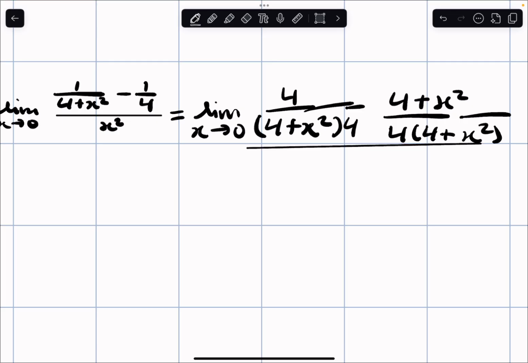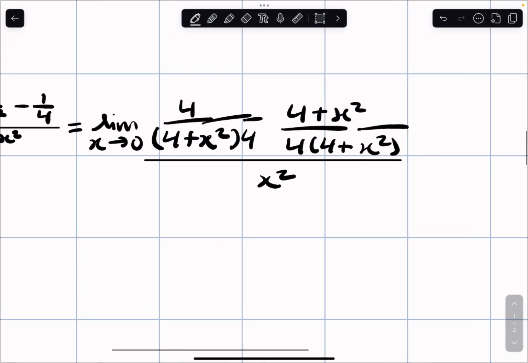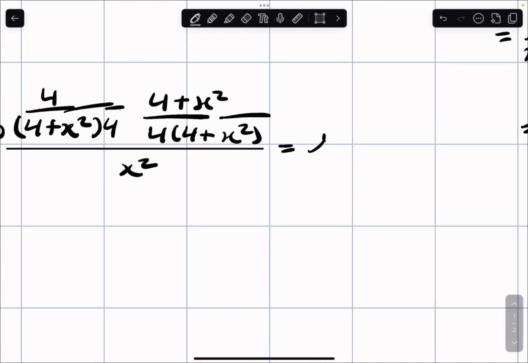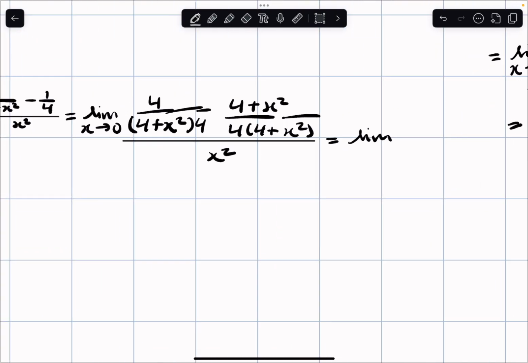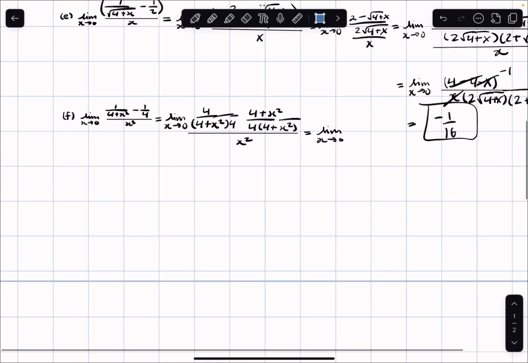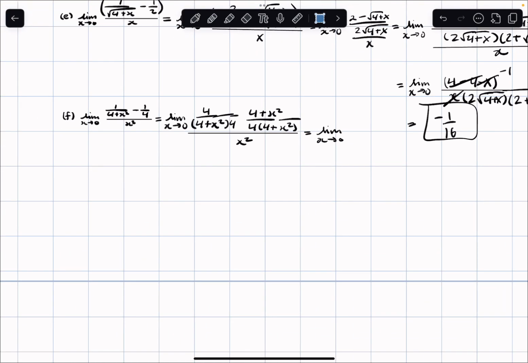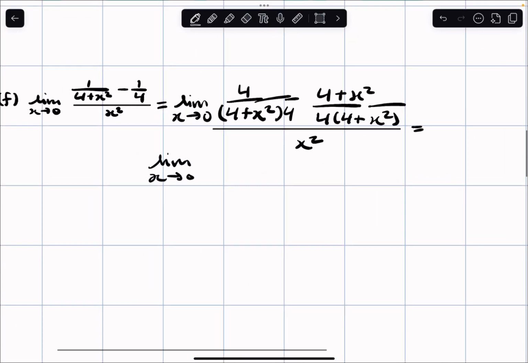Divide this by x squared. Okay, whoops. Probably should move this down here. And then perform the arithmetic.